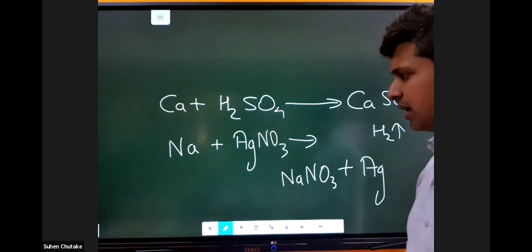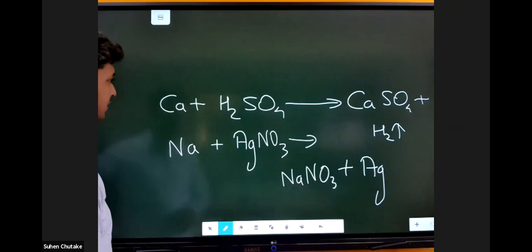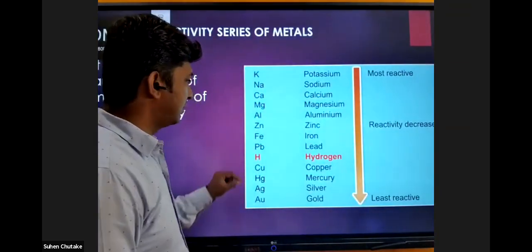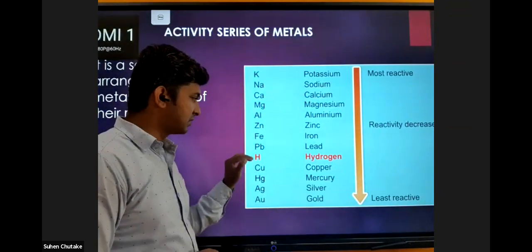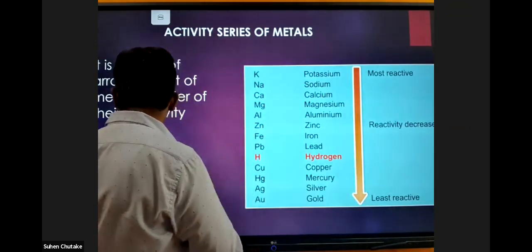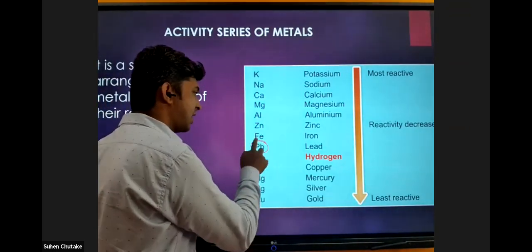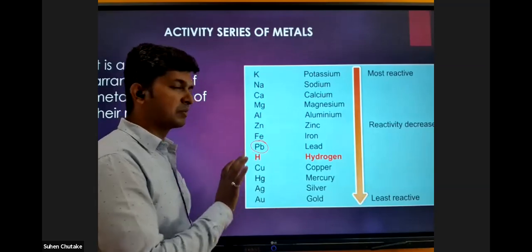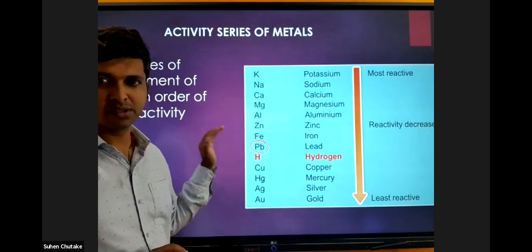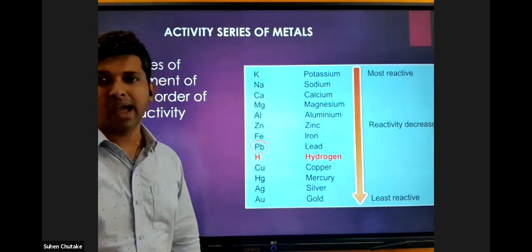Okay, displacement: the metals placed on the top are able to displace the metals placed below in the activity series. Now, remember, all metals above hydrogen can displace hydrogen from an acid, except for lead. Lead cannot displace hydrogen, although it is just above hydrogen, because it doesn't have that much power to displace hydrogen from an acid.